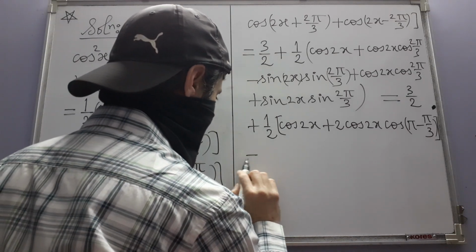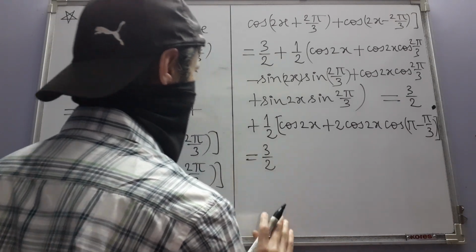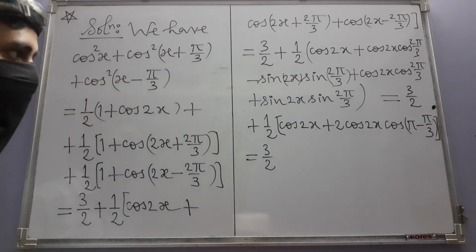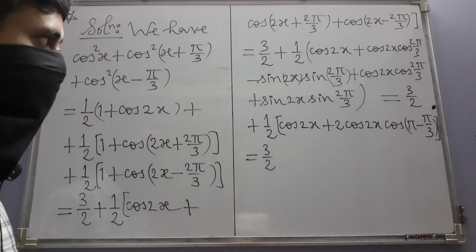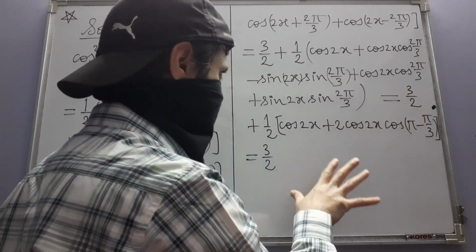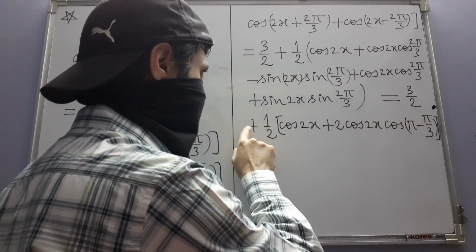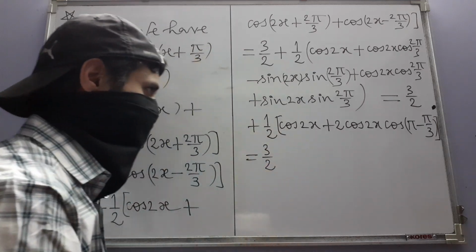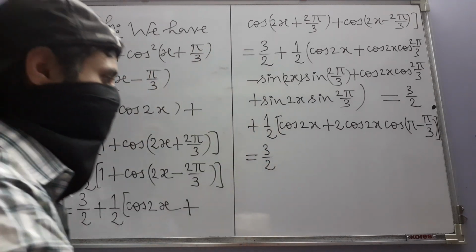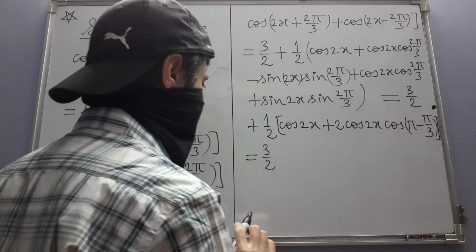Alright, so this is 3 over 2. I think, okay, hold on. Yeah, the way I wrote this 3 over 2 here, it's not exactly correct. I should have written the equality sign here, because I am going like this now. But you understand, okay? Yeah, don't do this.